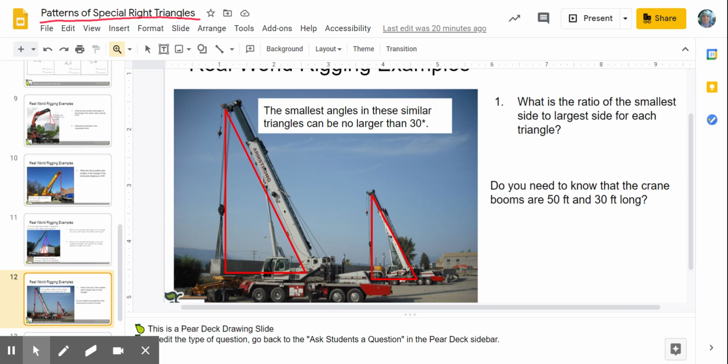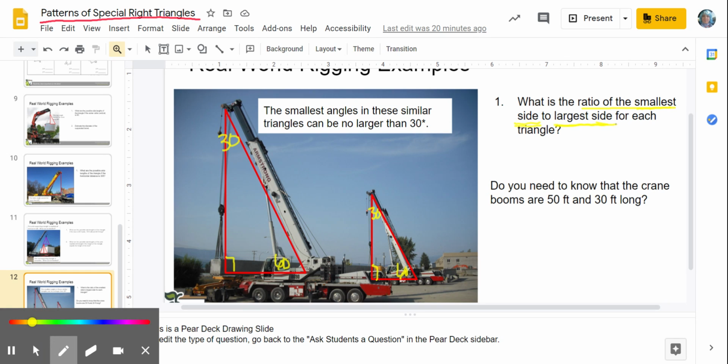So I've got the smallest angles have to be 30, which means I've got a right angle and then a medium angle of 60. And I've got a 30-degree angle and a right angle and a medium angle of 60. What is the ratio of the smallest side to the largest side?